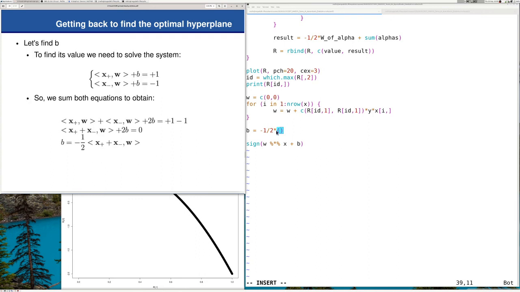So I've got the positive point. What is the positive point at this point? It is x at the first row, plus x at the second row, like this, and that dot product by W, all multiplied by minus half. That's my B. Wow, so nice.